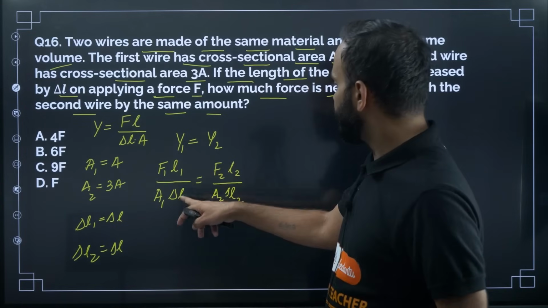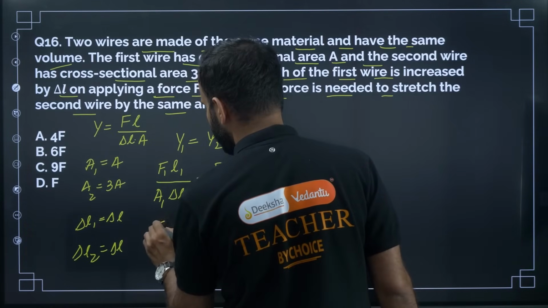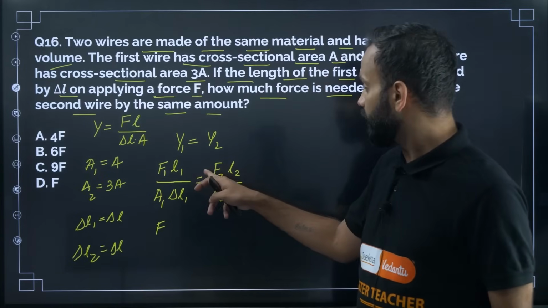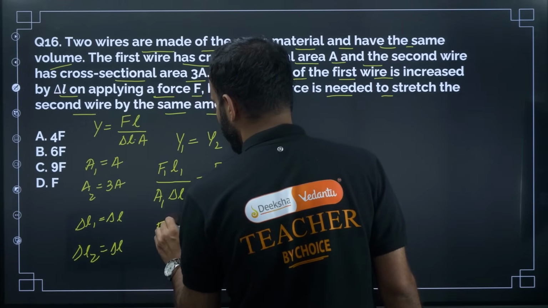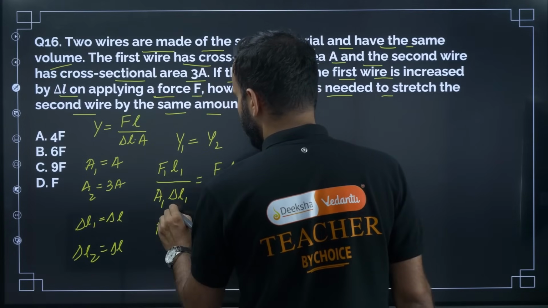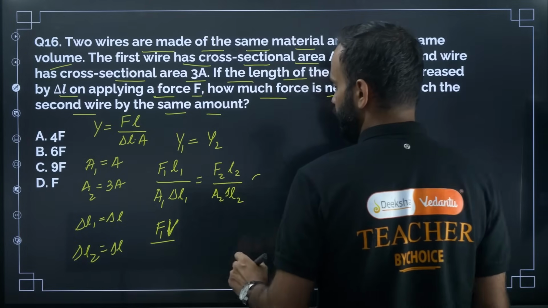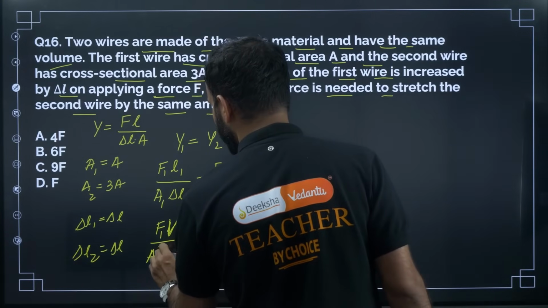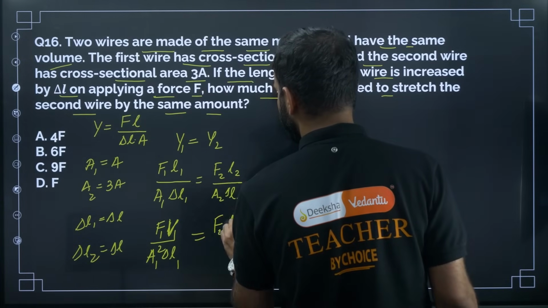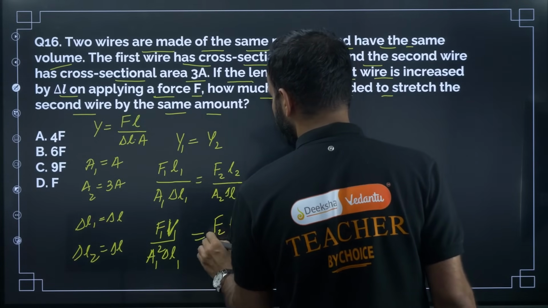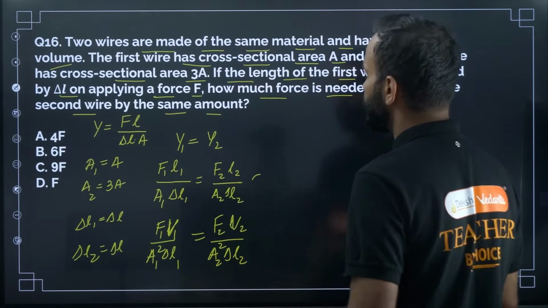Now multiplying and dividing by A1 here and A2 there, we get F1 into volume divided by A1 squared into delta L1, which is equal to F2 into V2 divided by A2 squared into delta L2.